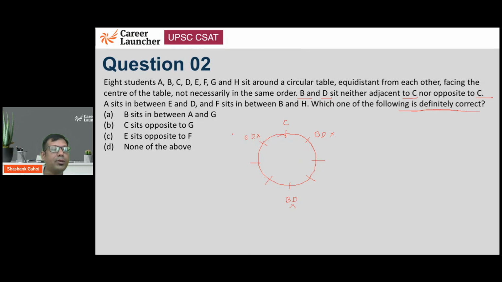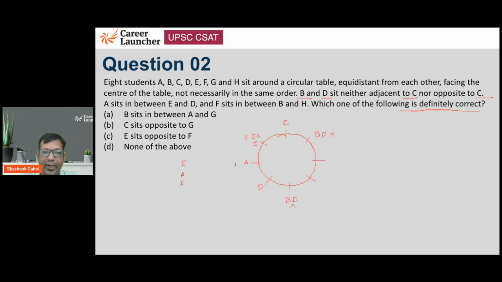Now the statement says that A sits between E and D. So basically E is here, A is here, D is here. Now there are 2 possibilities. The question is not talking about left and right. So I can place E over here, A over here, D over here. That is one of the possibilities.